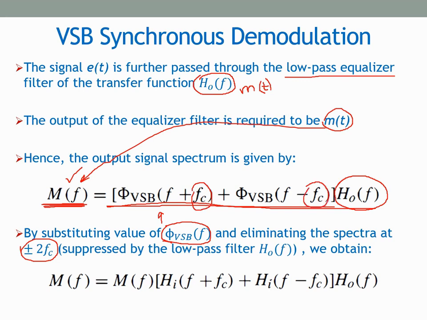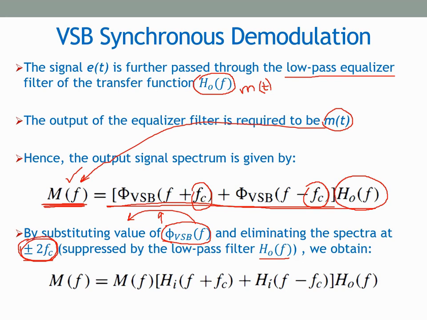So the total shift would be plus minus 2fc. Since this H0(f) must be a low pass filter, these high frequency components are rejected, and this VSB signal is also shifted to low frequency, so it will have both the sidebands.